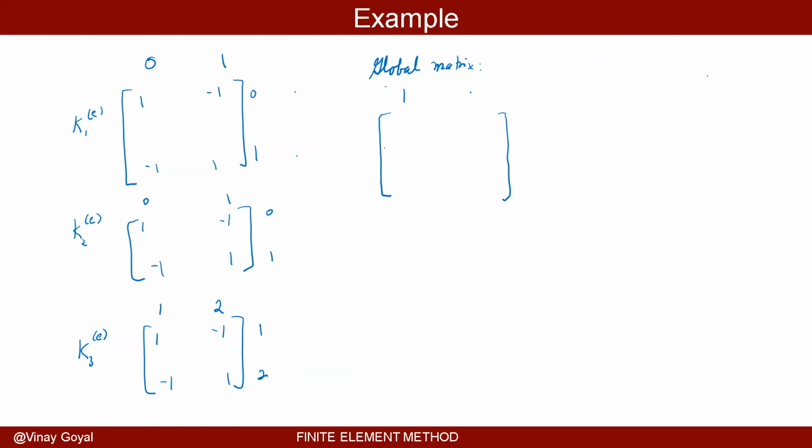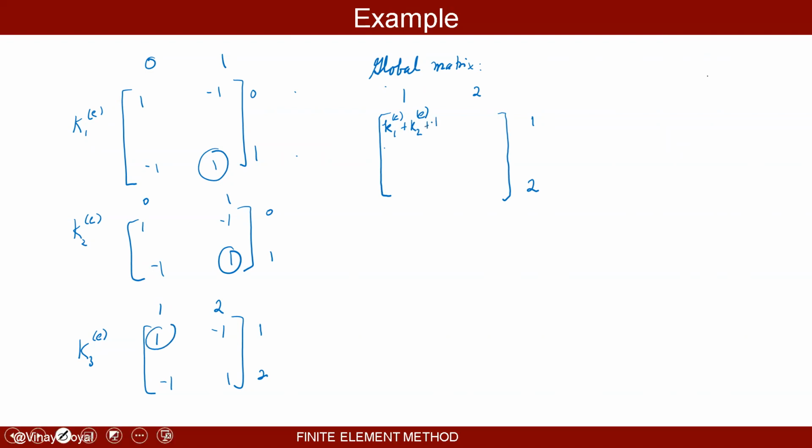The first one is from K1, let's look at the position 1, 1. The position 1, 1 will be the stiffness K1 times 1. Let's look in the element 2, what is the value for that position 1, 1? It is K2. So we add them up to K1. And let's look at the element K3, position 1, 1.